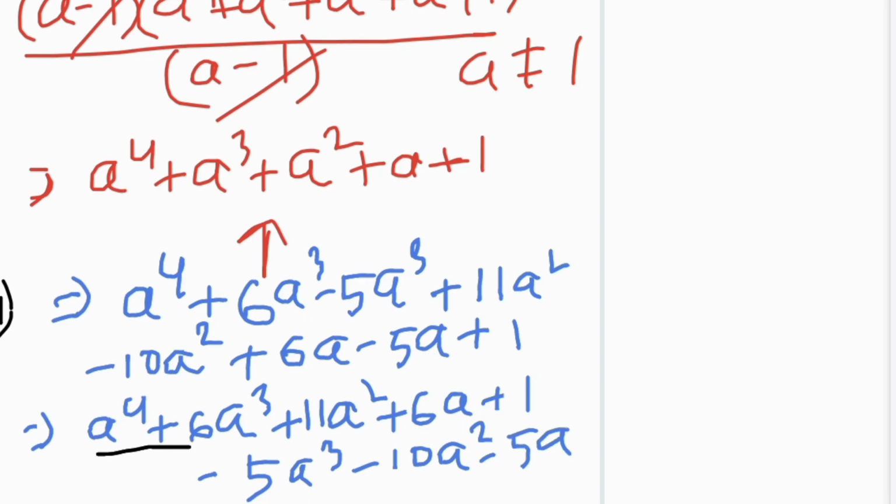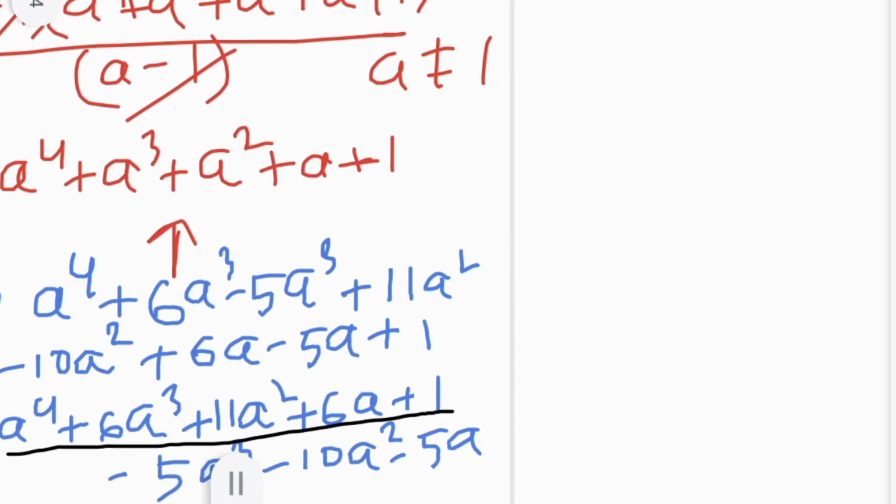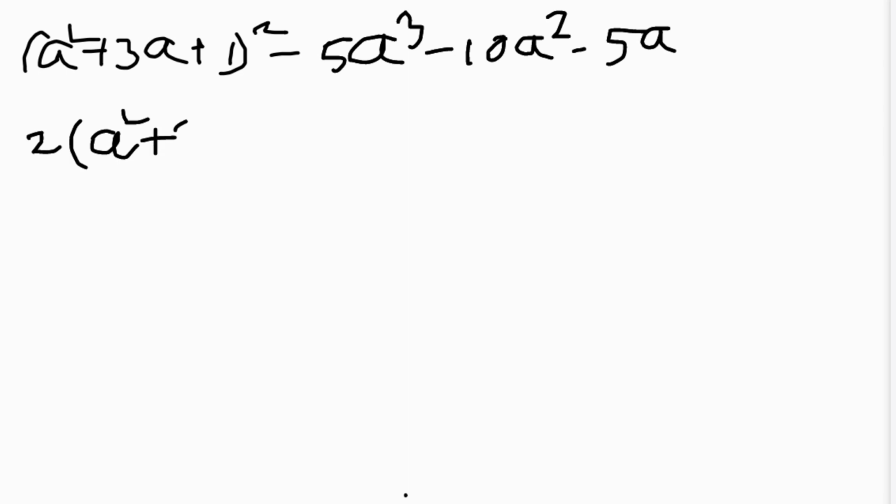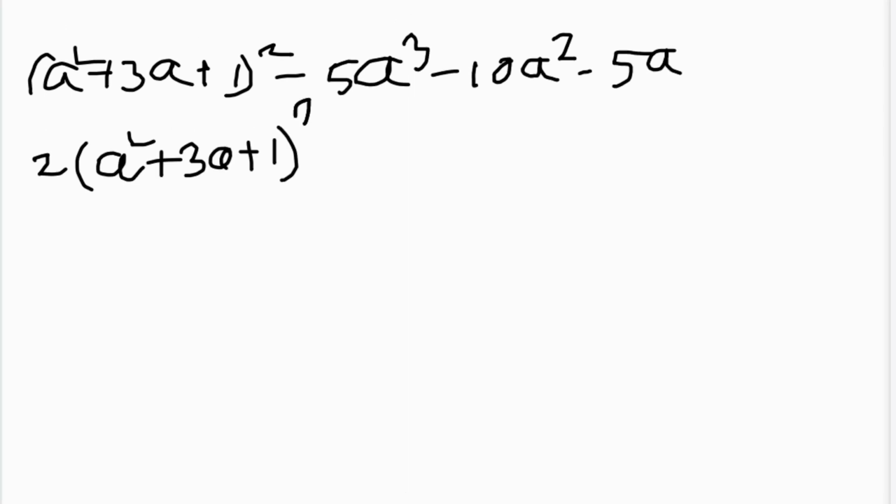And now look at these terms. They make the formula (a^2 + 3a + 1) whole square, minus 5a^3 minus 10a^2 minus 5a.